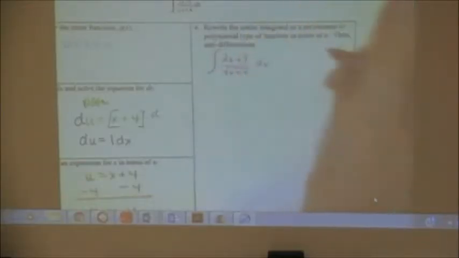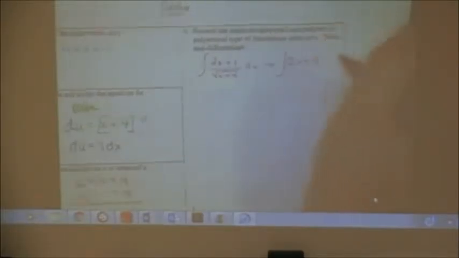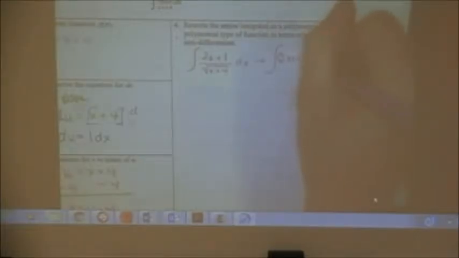Before I rewrite it in terms of u, I'm going to rewrite it, because I've got the square root on the bottom, and I would much prefer it not be there. So I can first rewrite this as 2x plus 1, instead of divided by, times x plus 4 to the negative 1/2.